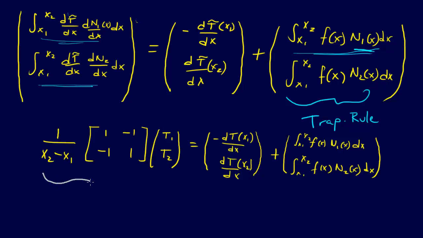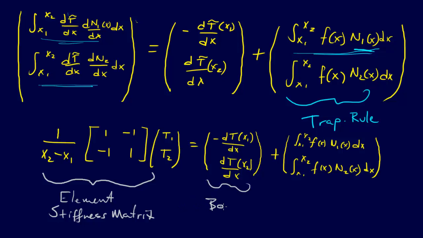All right, so here it is, and they usually call this the element stiffness matrix. This is the boundary condition.